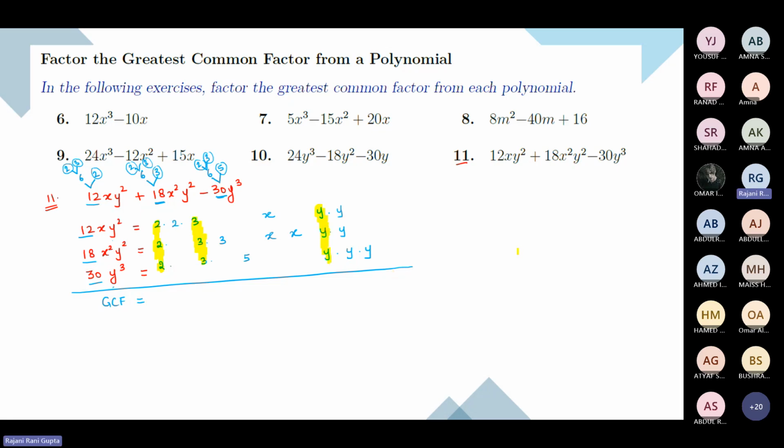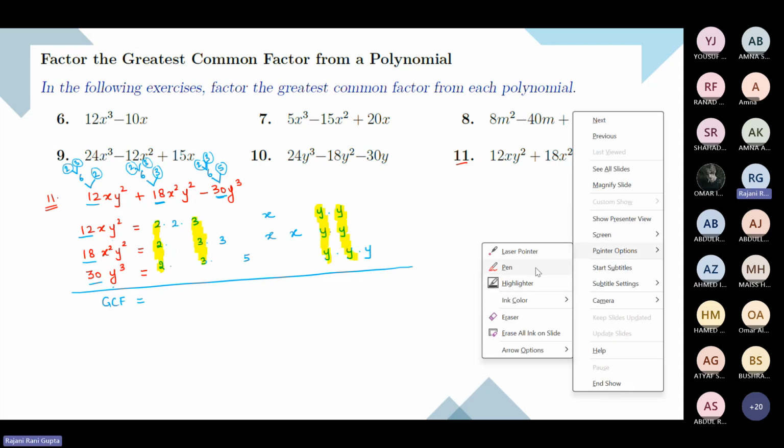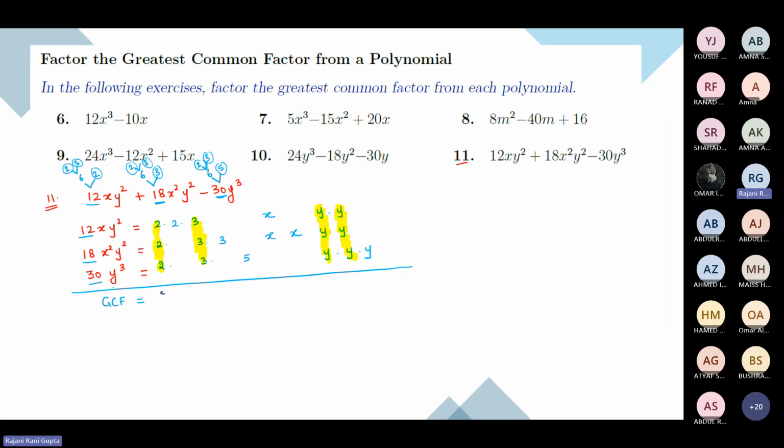That's it? One more y. Okay, so your greatest common factor is 2 times 3 times y times y. So you have 2 times 3, 6, y power 2. This is the greatest common factor.